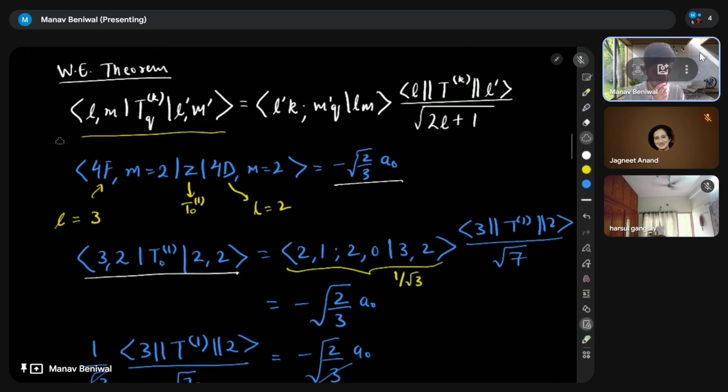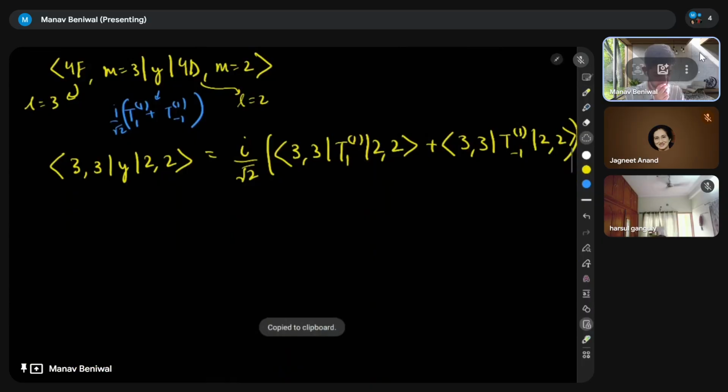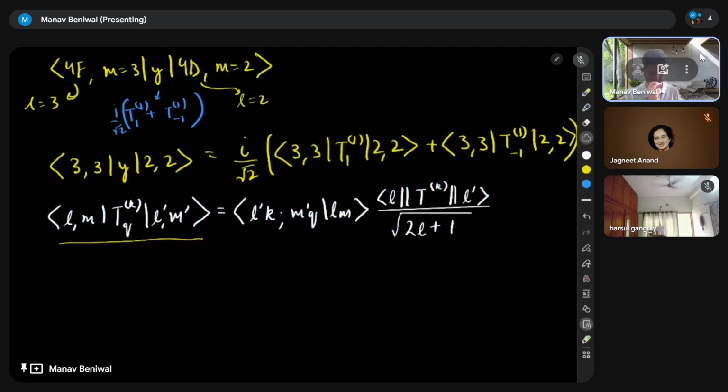Let me take it down. Okay, now by selection rule, what is our selection rule? The selection rule is that we need to have m as m prime plus q, right? So this is m, this is m prime, and this is q. So this is our selection rule.